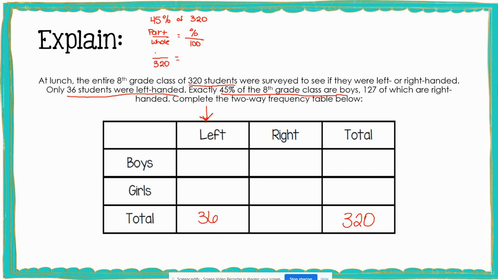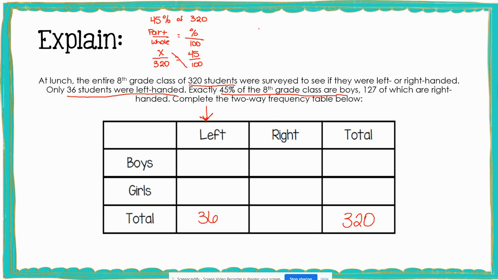What I don't actually know here is the part. I don't know the small number because that's what I'm looking for. So instead, I'm going to put an X here. I know that the percent is 45. So instead of percent, I'm going to write 45. And again, that is always over 100. Then you just have a proportion and you can cross multiply.